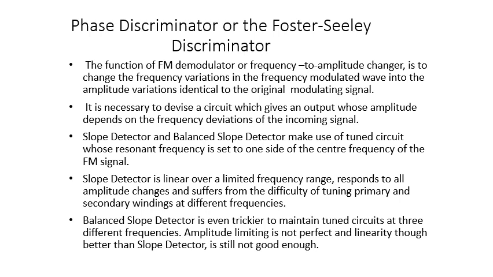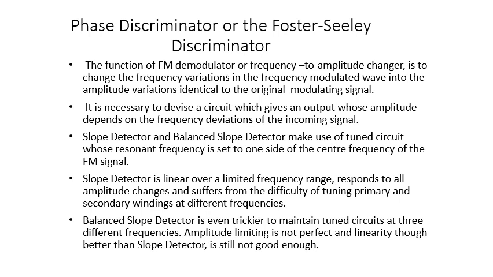The shortcoming of slope detector and balanced slope detector is that in those circuits there are tuned circuits, and in each circuit the tuned circuits have to be maintained at different frequencies.